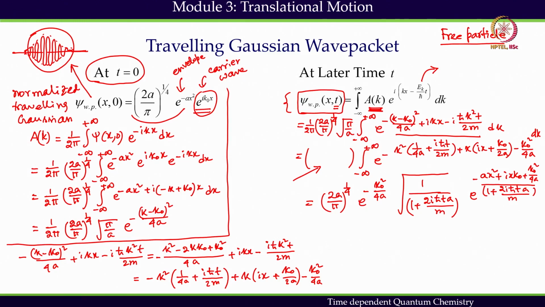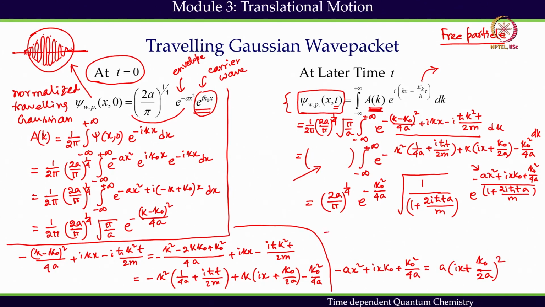And if we have this exponential function, then this part, minus a x square plus i x k naught plus k naught square divided by 4a, can be written as a multiplied by (ix plus k naught by 2a) whole square.